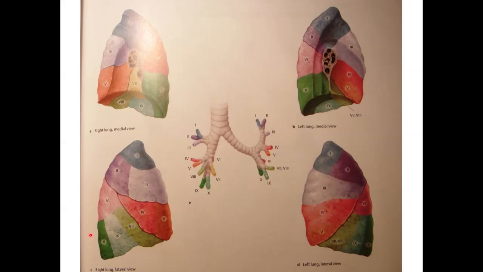And from the 7th to the 10th segments, they are in contact with the diaphragm. So they are the bases of the whole lung. That's why they are called segmentum basale laterale, basale posterius, basale mediale, basale anterius.